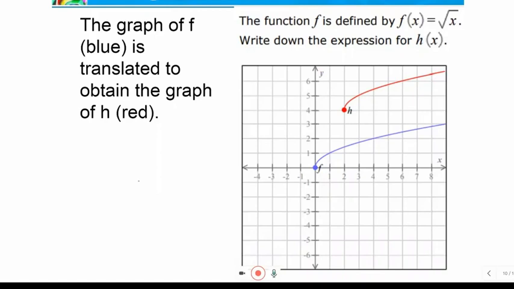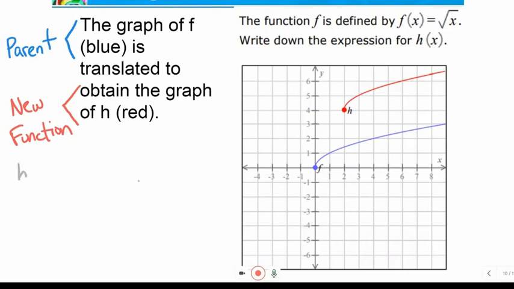What this means is the graph of f, the one that's in blue, is the parent function, and it's translated to get the graph of h. So that's our transformation, that's our new function. We want to know, how did the parent move to get there? The new function is h of x.